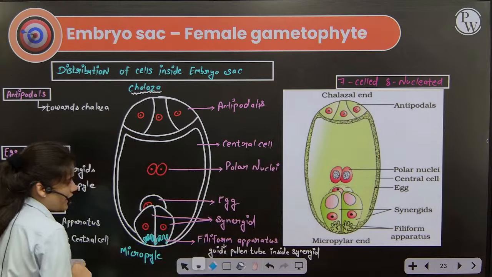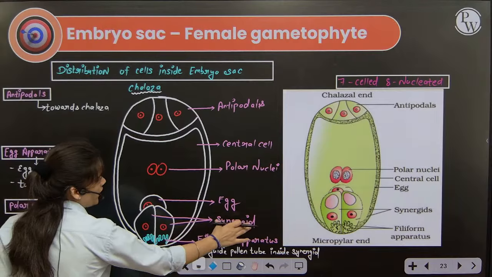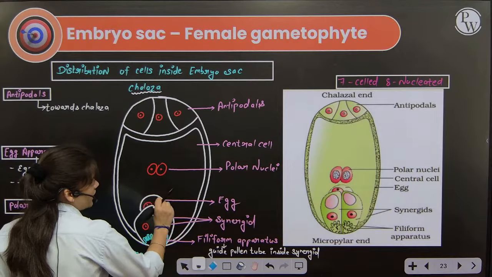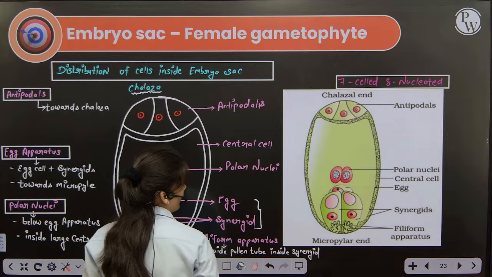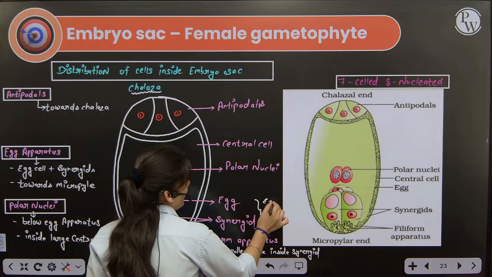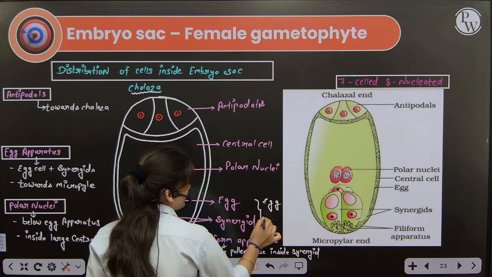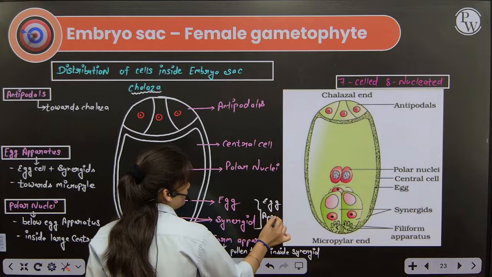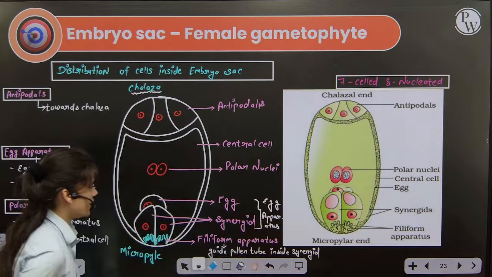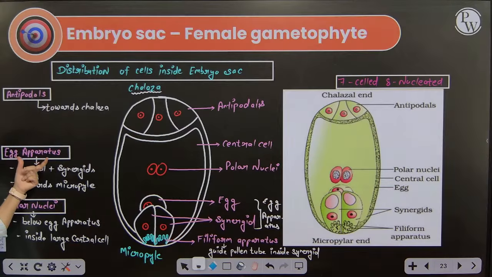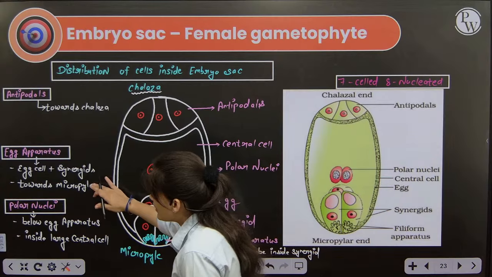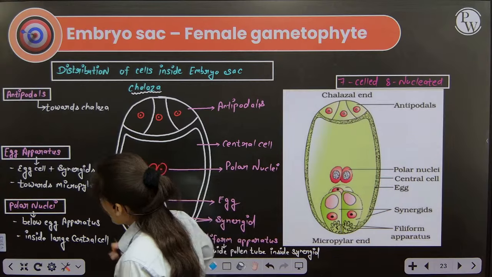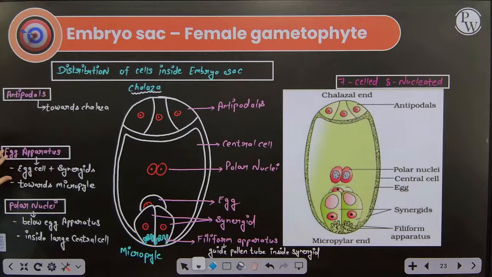Towards the micropyle end, two cells are known as synergids. The third one is known as the egg, and synergids plus egg form the egg apparatus. What is the egg apparatus? Egg cell plus synergids, present towards the micropyle.